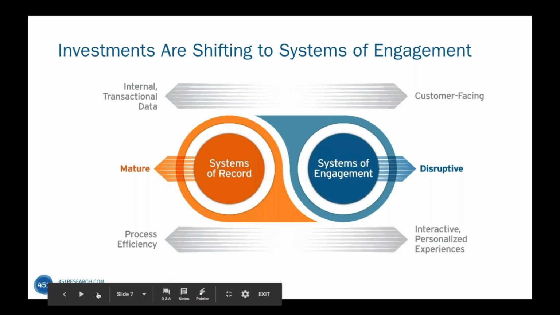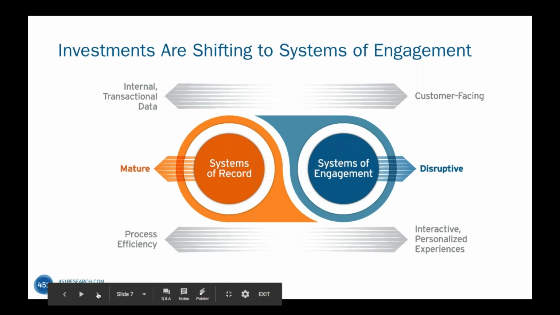Now, you think about this from an application standpoint, and this then having implications on obviously the data processing requirements. What we see is it's all about a shift from traditional systems of record, internal transactional data applications focused on process efficiency, towards what we talk about in terms of systems of engagement, customer-facing applications that are interactive and deliver personalized experiences, and the applications themselves are designed to be disruptive.